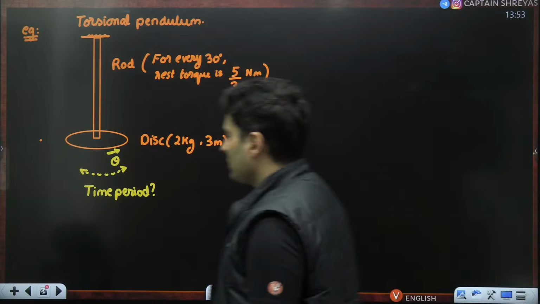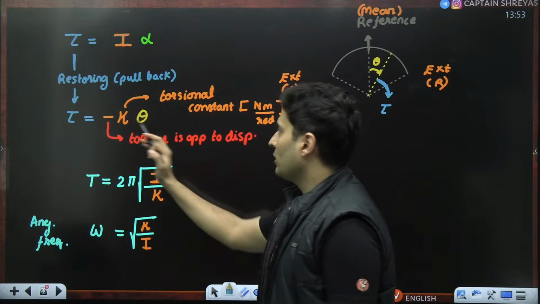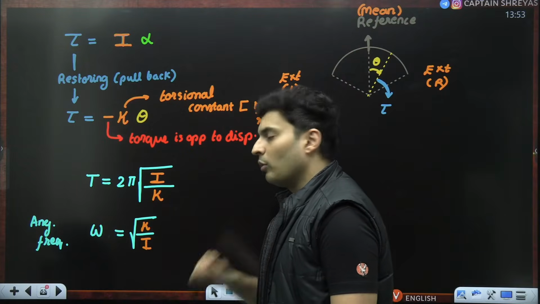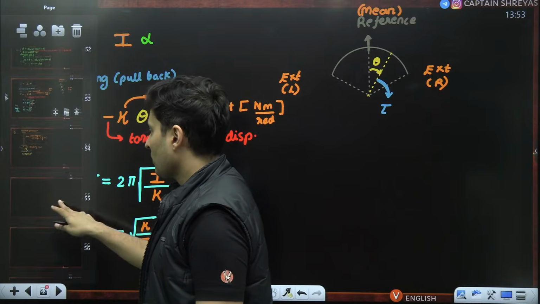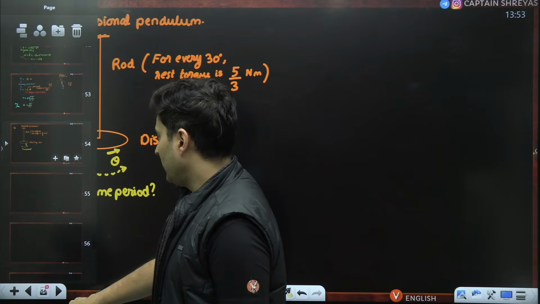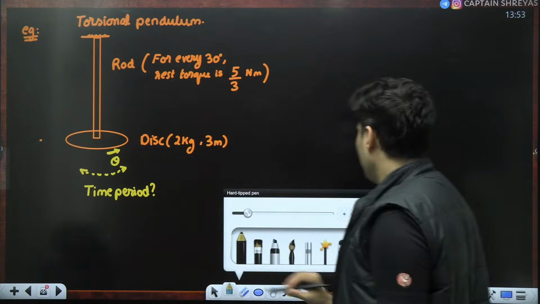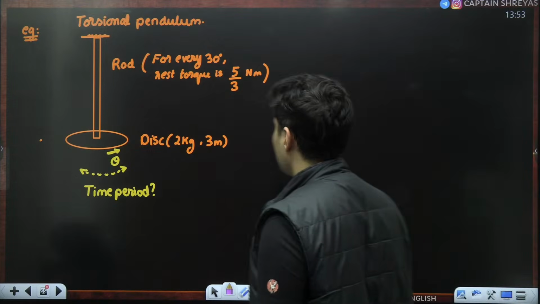All right, let's do this. There are a couple of things which we need to find. What is the torsional constant? What is the moment of inertia? Only then we can find the time period using this. Okay, so let's try to find everything about it, starting off with the moment of inertia.